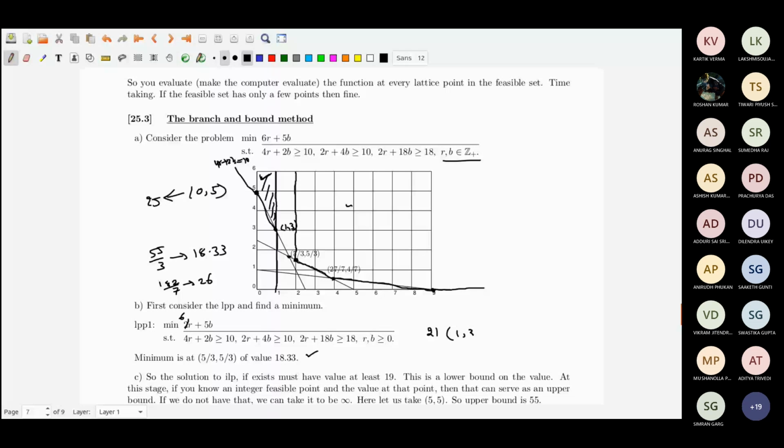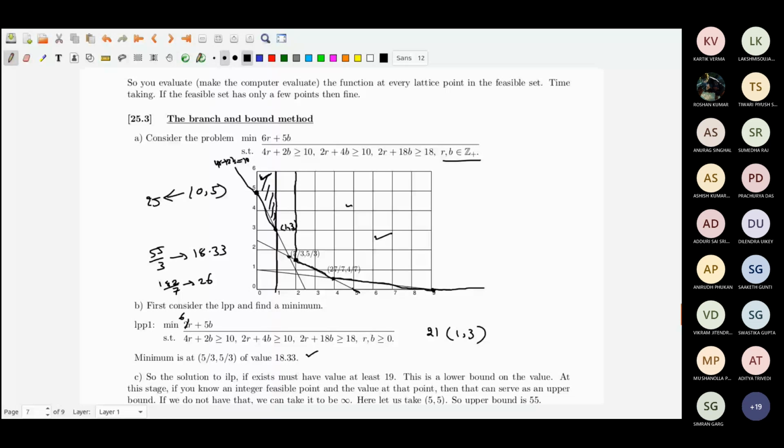And over this, now over this, what are the vertices?